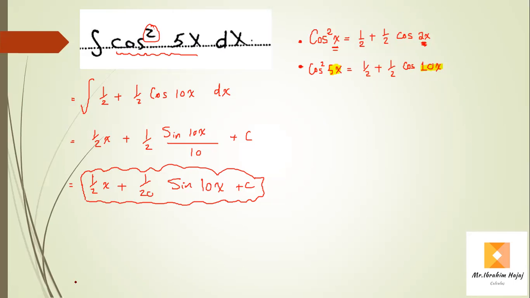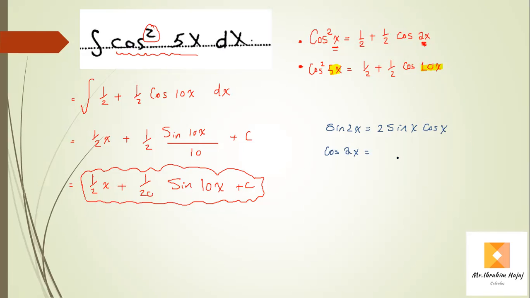Bismillah, let me change the color. Yes, sine 2x is equal to 2 sine x cosine x. There's only one rule for sine 2x, or double the angle. Cosine 2x has 3 formulas.